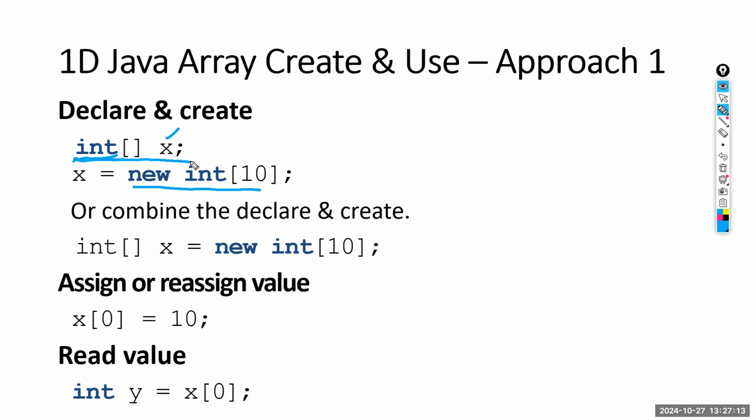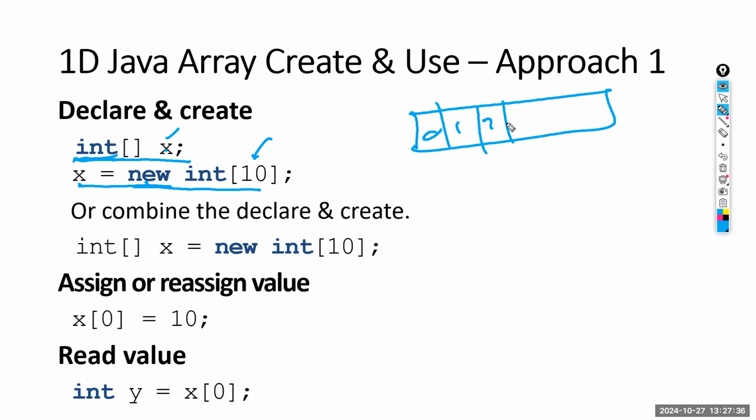This is the declaration, and then you create the array with new, the data type, and square brackets, where you must give the size of your array. You can't create an array without giving the size in Java. You must always give the size, whether it's 5 or 2. So 10 means basically index 0 to 9. Of course, then you can keep whatever value you want.